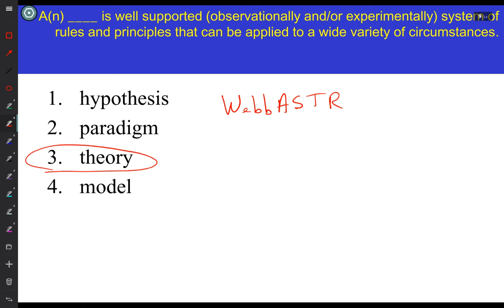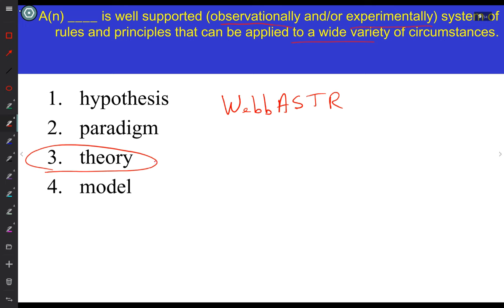But as you've done it more and more, so you have more and more observational and or experimental confirmation, you get more and more confident in the hypothesis. And if it can be applied a variety of ways, you say, yes, that's a theory. And if you can put a nice equation to it, you say, wow, that's a law.